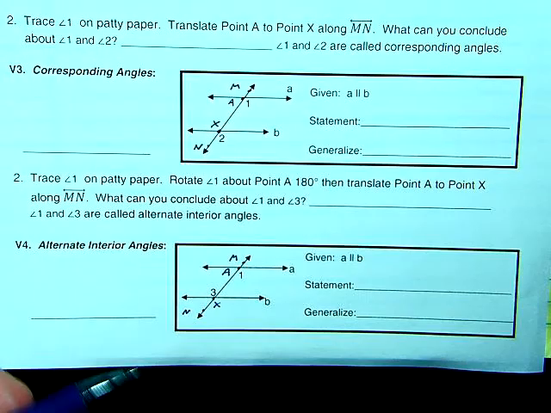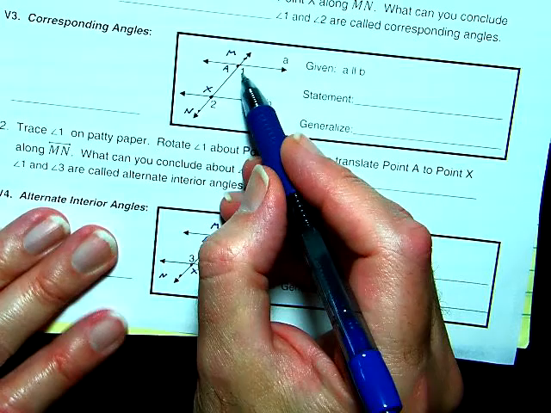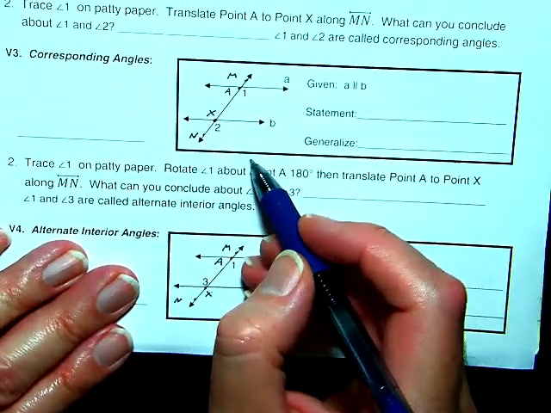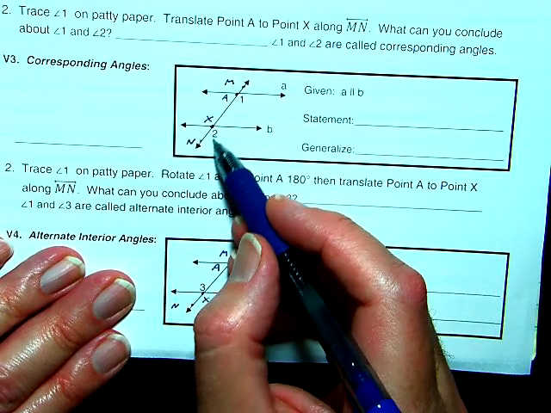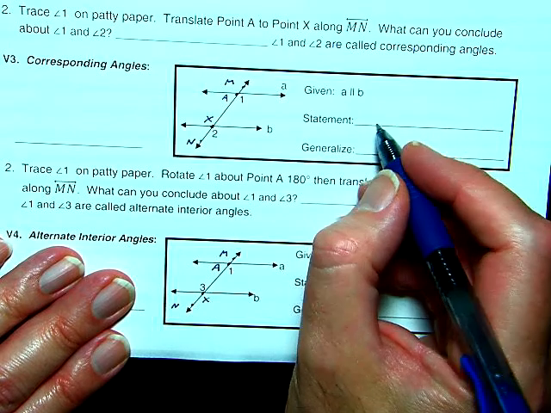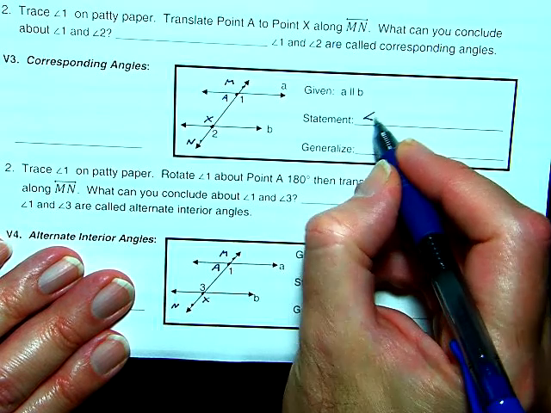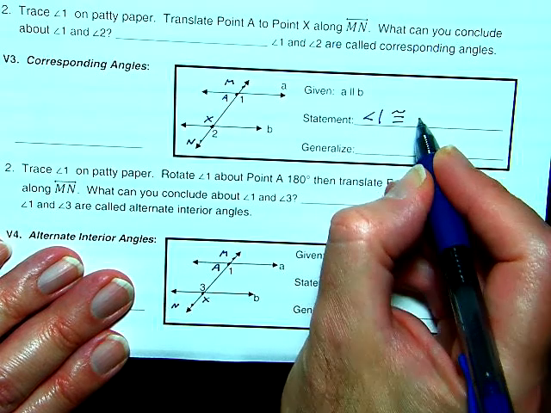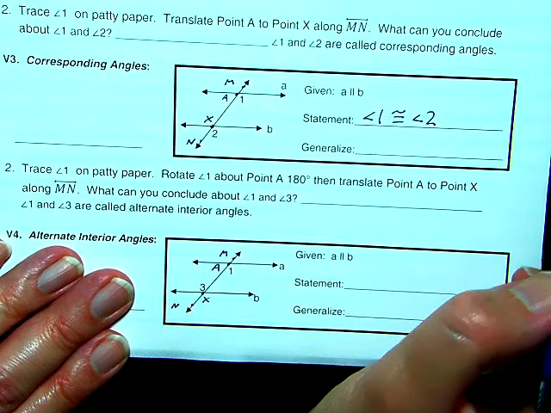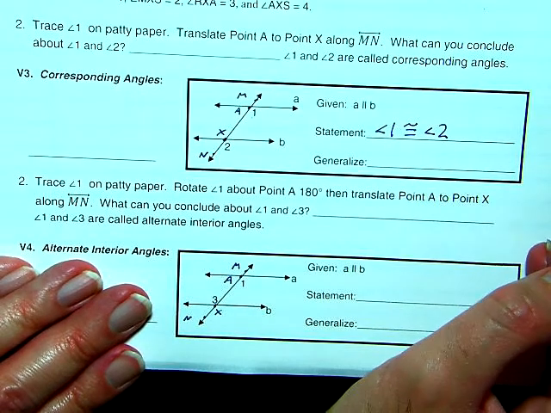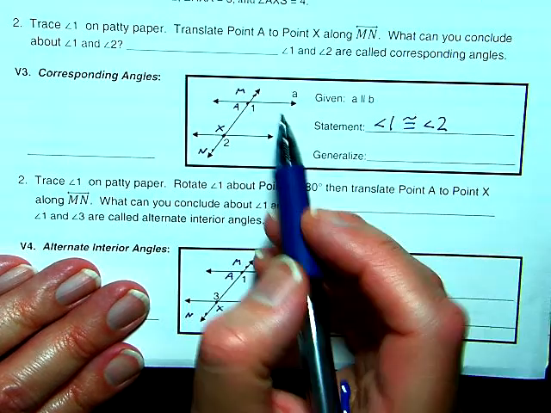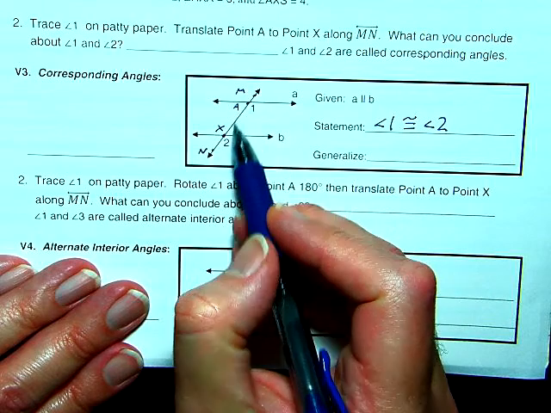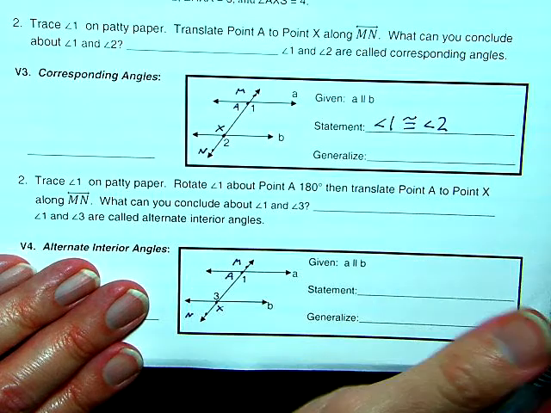Remember that the statement in this case that we can conclude is that angle 1 is congruent to angle 2. That would be our particular statement in this case. But to generalize, we could do the same thing we did with angle 1 and angle 2 with any pair of corresponding angles.